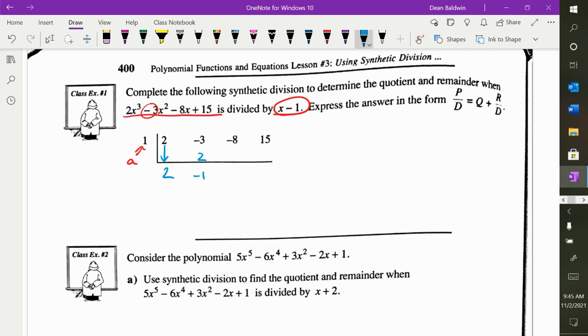Then you multiply by the a value. What's 1 times -1? And you add again. What's -8 plus -1? Times the 1 out there gives me... I'm not going to do a proof of it. And you get 6. Wow. Is that the answer? The last number is your remainder.